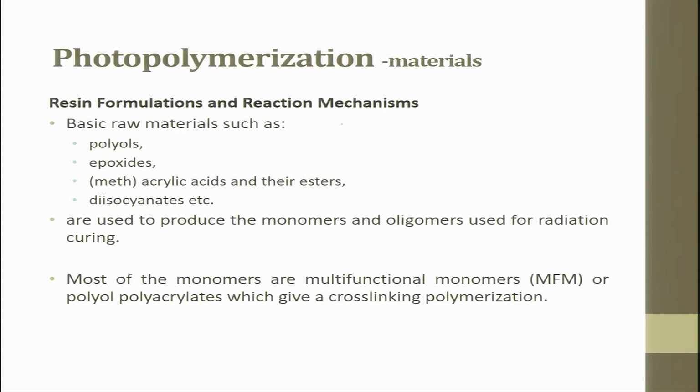The resin formulation and reaction mechanism: basic raw materials such as polyols, epoxy, acrylic acid and other esters, isocyanates etc. are used to produce monomers and oligomers used for radiation curing. Most of the monomers are multifunctional monomers, MFM, or polyol polyacrylates, which give a cross-linking polymerization.